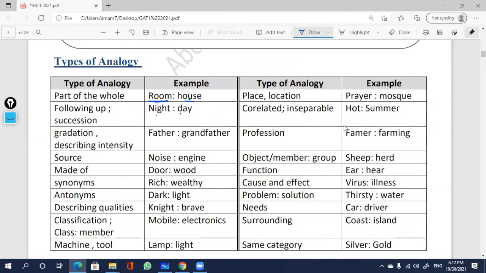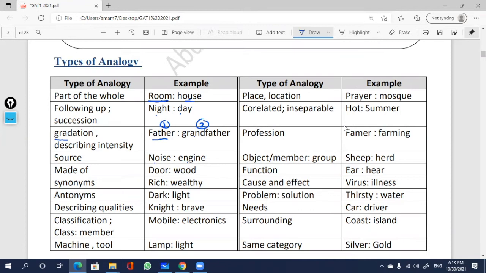Then we have the next one, gradation, or describing intensity. We have father, grandfather. So first we have father, then we have a grandfather. This is gradation. Source, noise, engine.